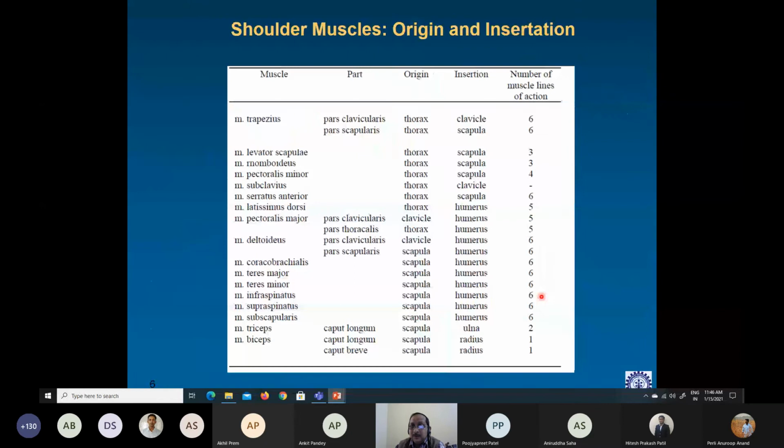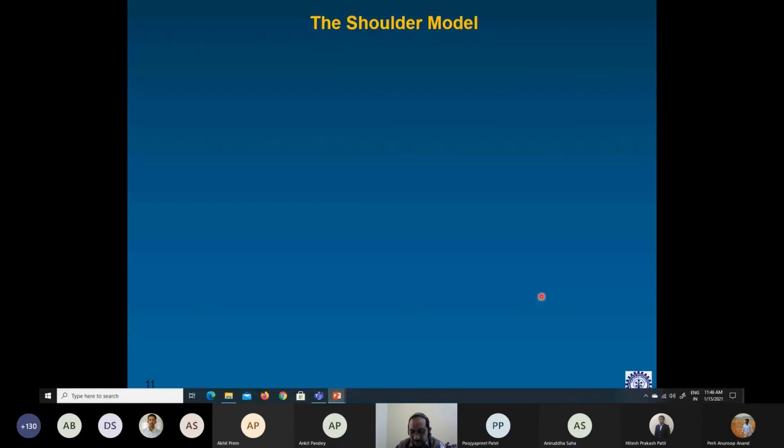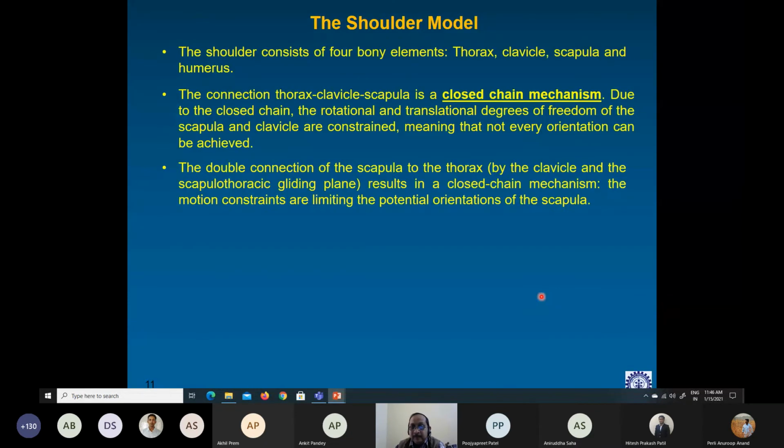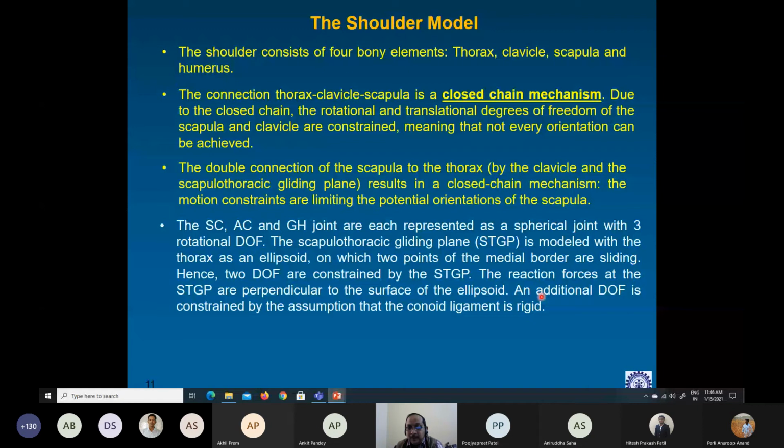Okay, so let us go back. The scapula is sort of floating, it's pressed on the gliding plane, and we idealize that, model it as an ellipsoid. Thorax is an ellipsoid, on which 2 points on the medial border are sliding.